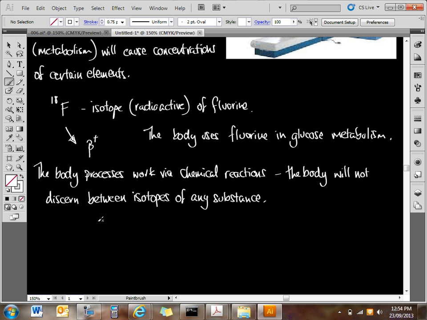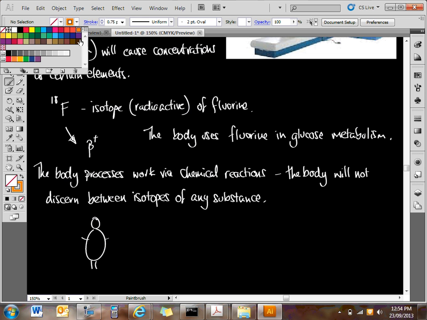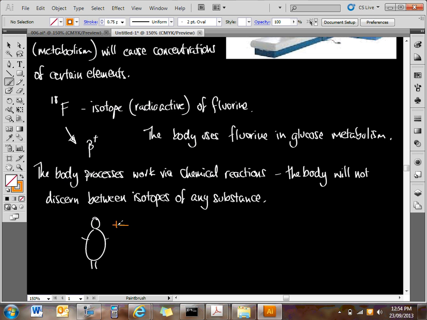So here's my patient, and this person ingests some of this fluorine 18, and that fluorine 18 concentrates in certain areas in the body. It goes elsewhere in normal metabolism all over the body, but it tends to concentrate in certain areas.